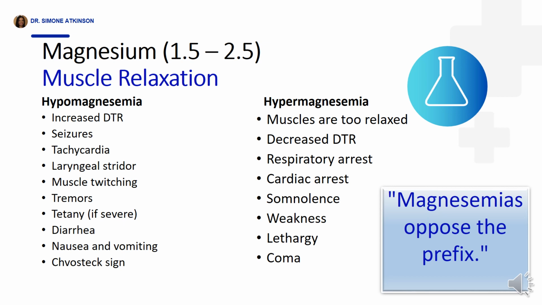Excessive magnesium can result in respiratory arrest or cardiac arrest because the muscles are all so relaxed. So the client might become extremely relaxed to the point of somnolence and displaying weakness, lethargy, and possibly even falling into a coma.